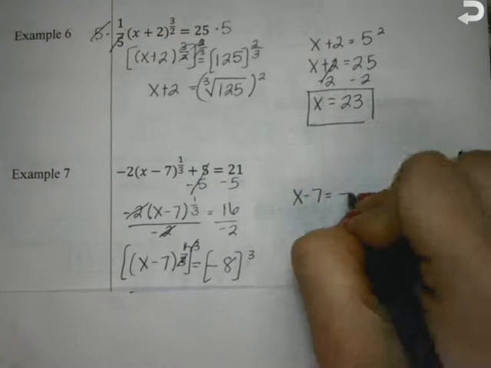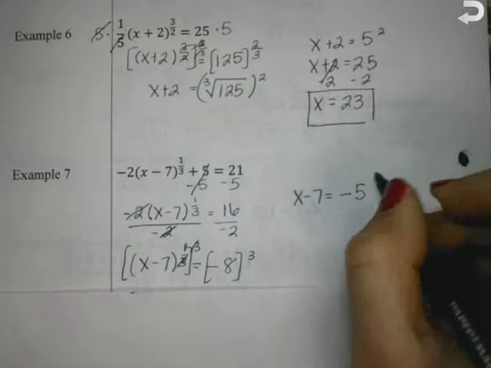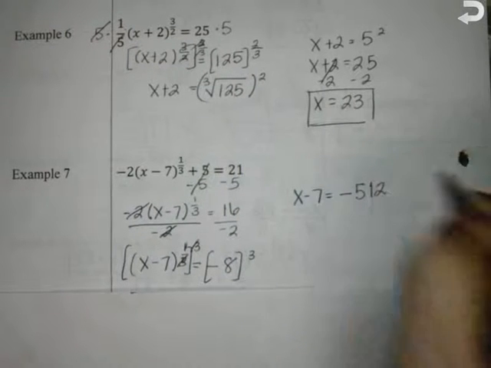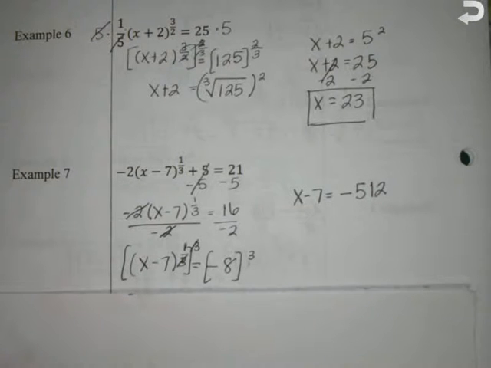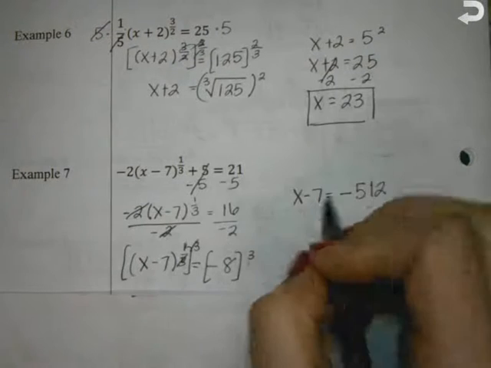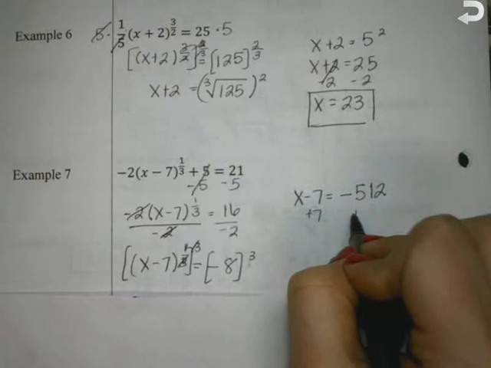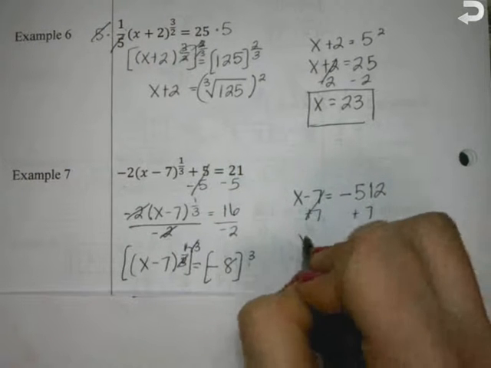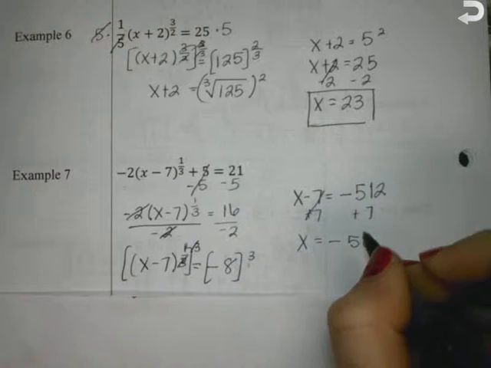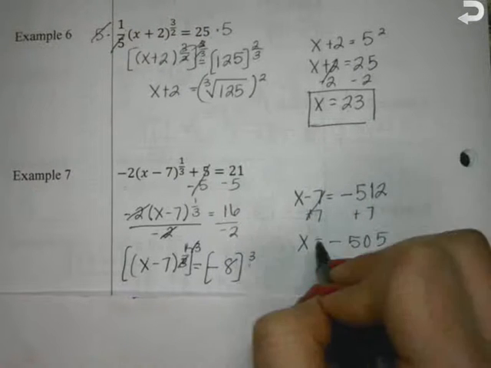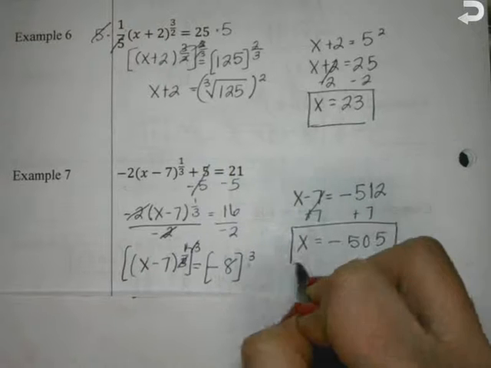So it's just all multiplying. Okay, so we add 7 to both sides. So x equals negative 505. Okay, so on this one, because we're just raising it to the 3rd power, we're not taking a root at all. So all we do is multiply negative 8 times negative 8 times negative 8.